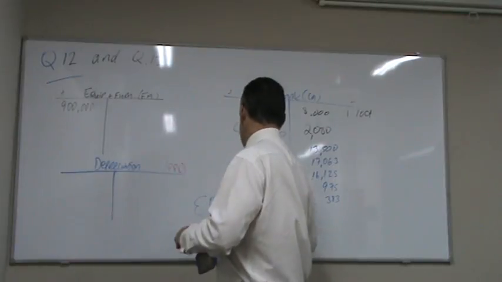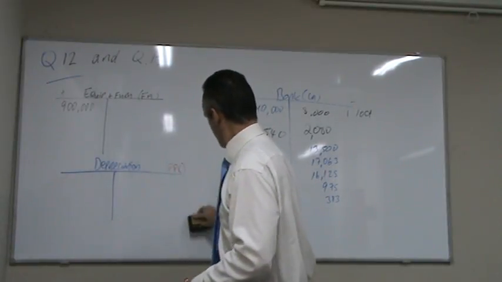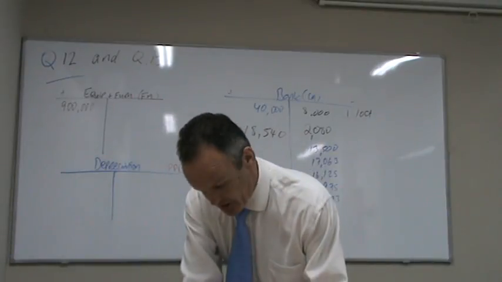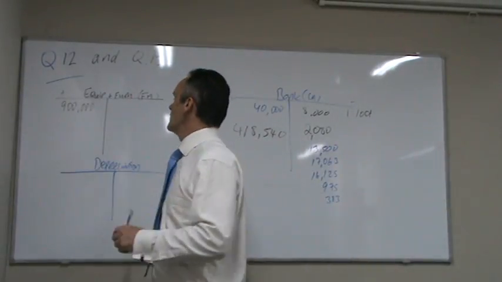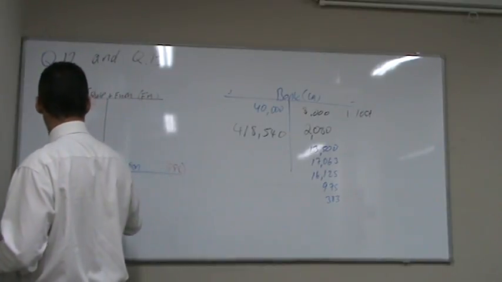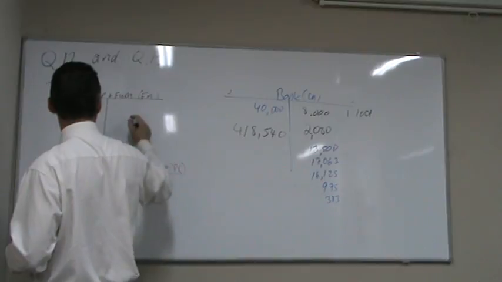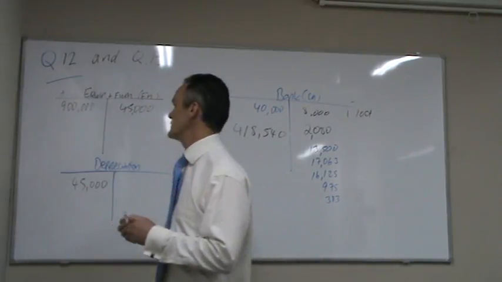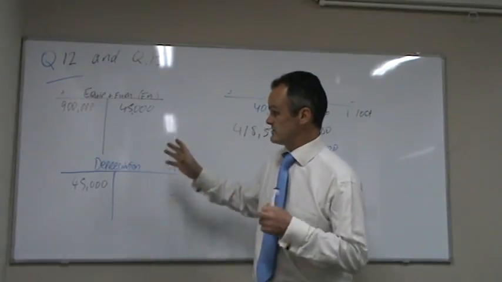So in our case here, this is what the depreciation is. It's going to be 5% of the value. So we therefore know that the depreciation cost to us is 45,000. The loss in value of the asset is 45,000. And that's it.